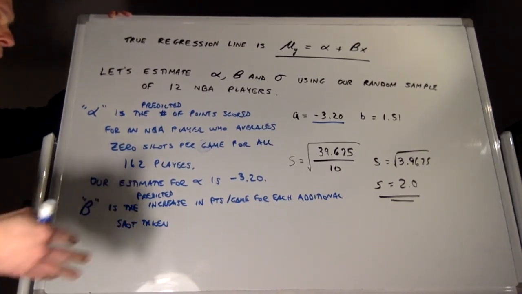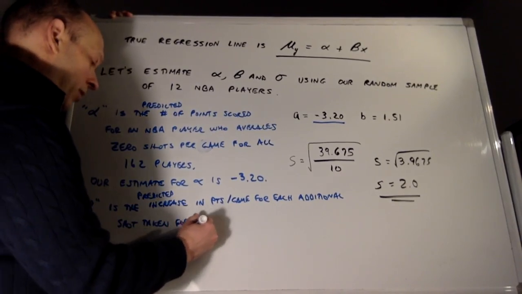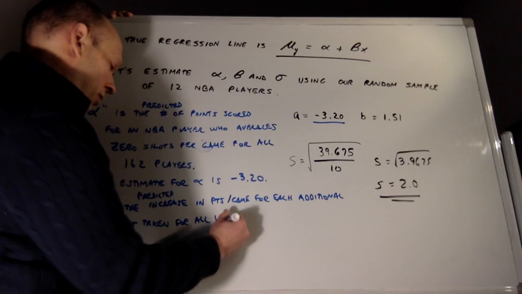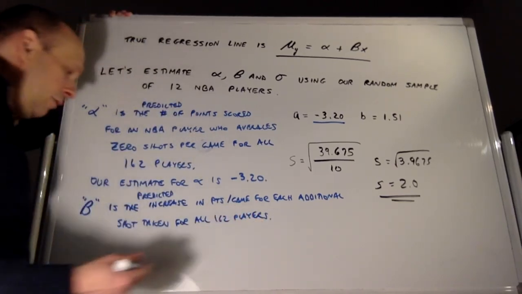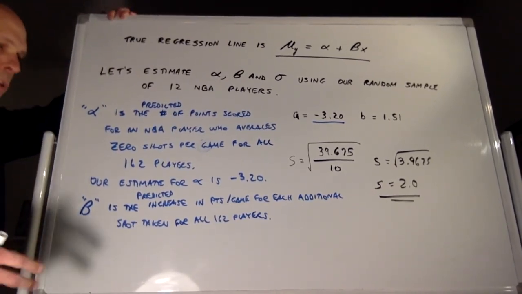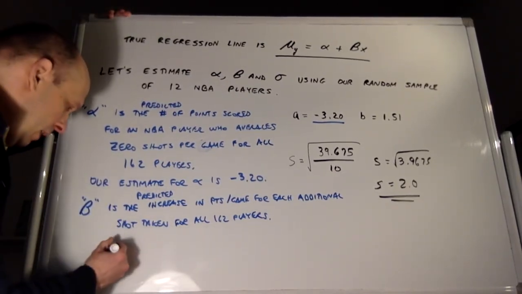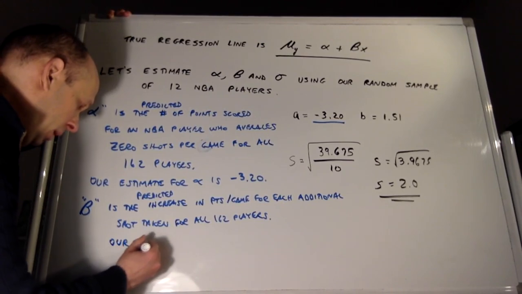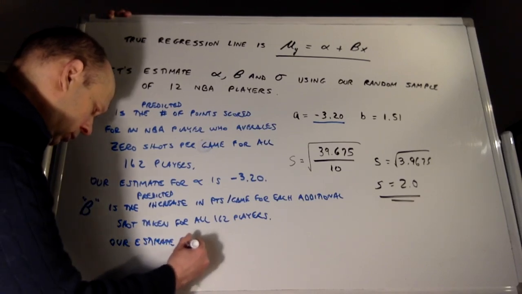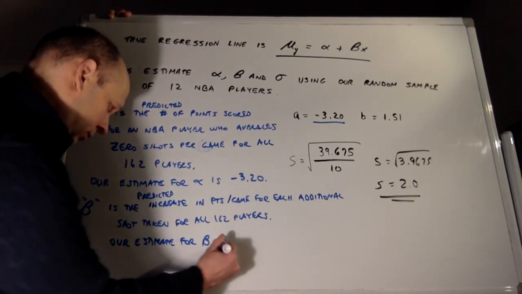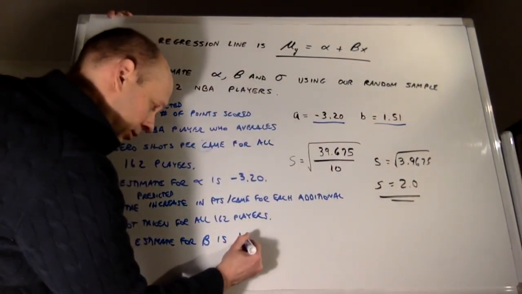So beta is the predicted increase in points per game for each additional shot taken. Again, it's beta, so we're talking about all 162 players. This is a meaningful number: on average, what's the predicted increase in points per game for each additional shot a player takes? Our estimate for beta is 1.51.